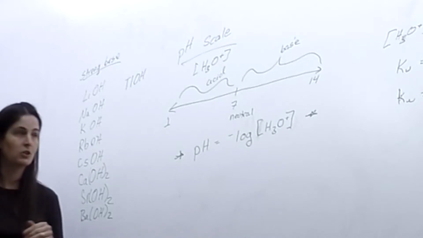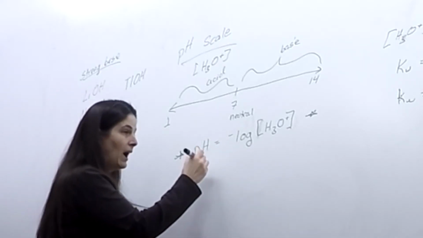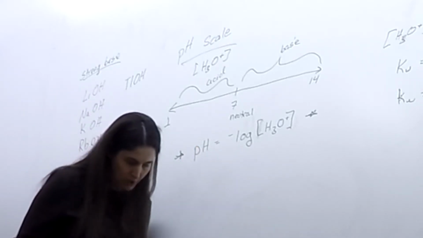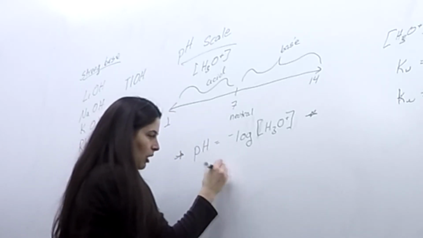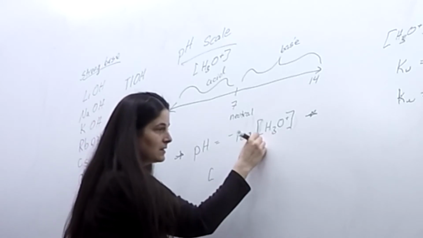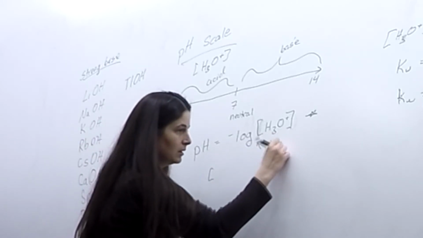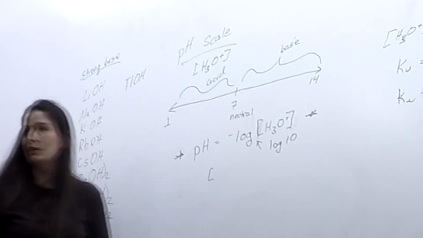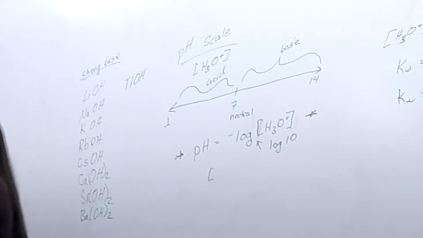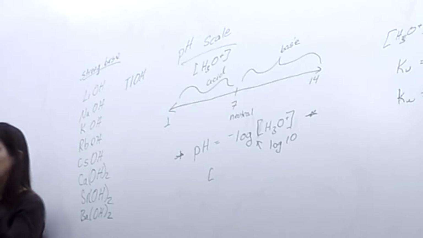So that's always a good thing. Now, if you have the pH and you want to know the concentration, you can take the anti-log of both sides, and this is log 10. So on your calculators, you're going to be using the log function, which by definition starts at log 10.